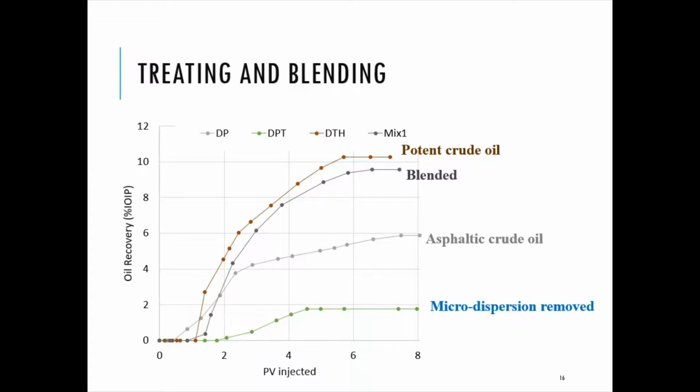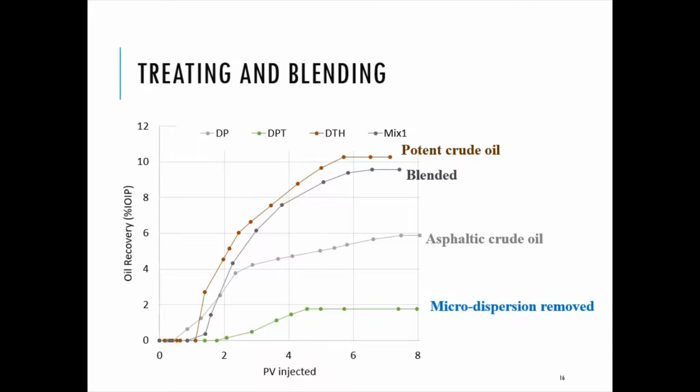One is a blend of this asphaltic crude oil and the potent one. And you can see that adding good components of the rich crude oil to the asphaltic crude oil has boosted its performance, and we have more additional oil recovery.